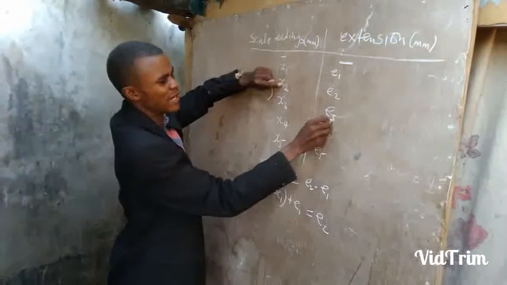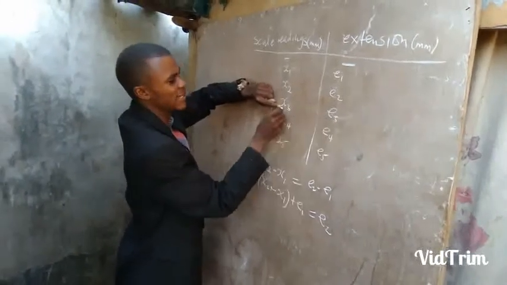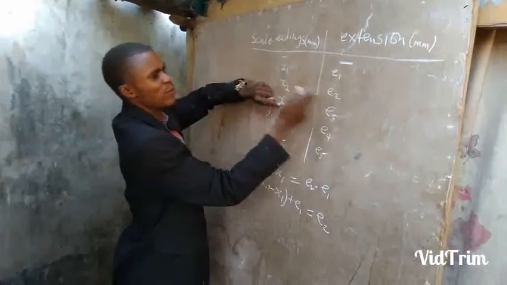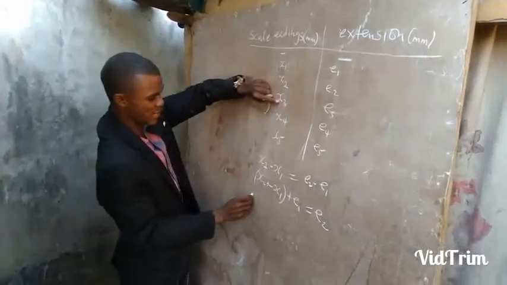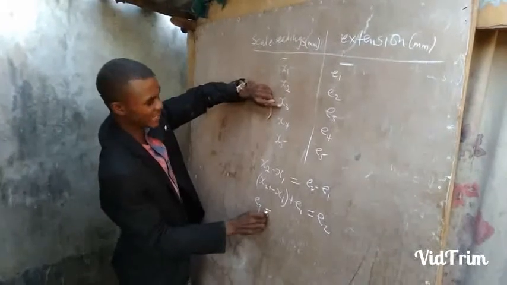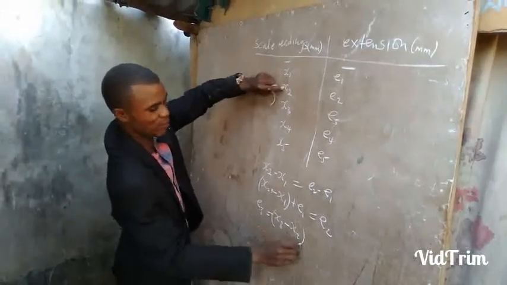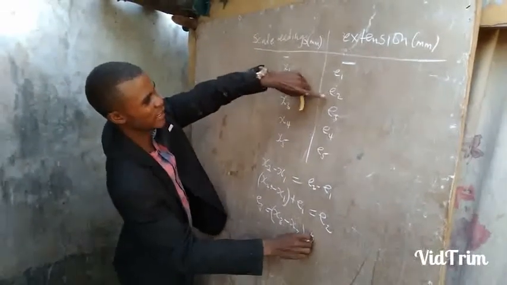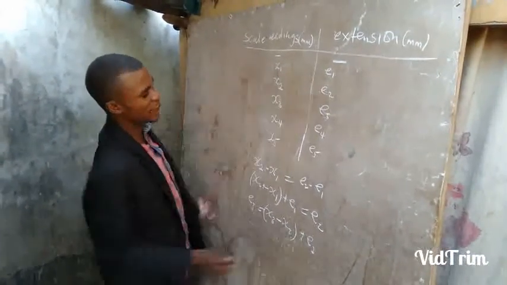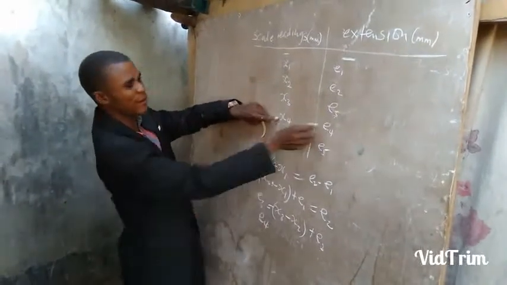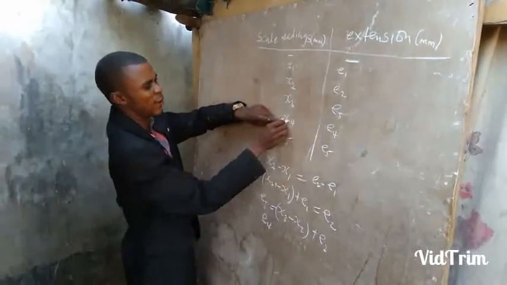Let us say you want to get E3. The figure that is against E3 is x3. So it becomes x3 minus x2 plus E2. So if I want to get E3, it is x3 here minus x2 plus the E2 at the top. If you want to get E4, the scale reading against E4 is x4.